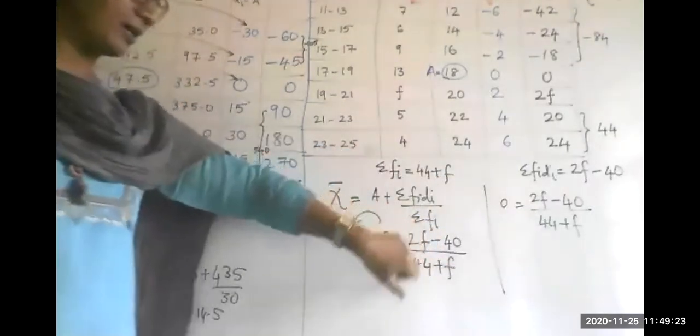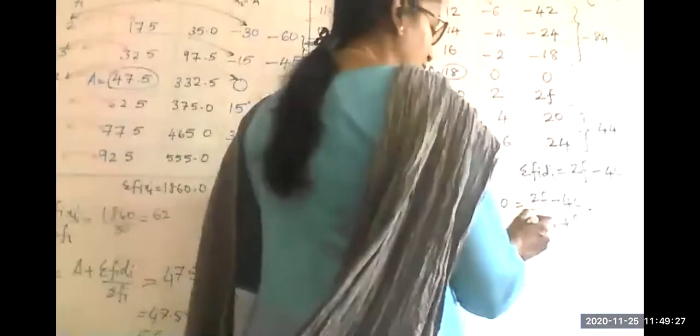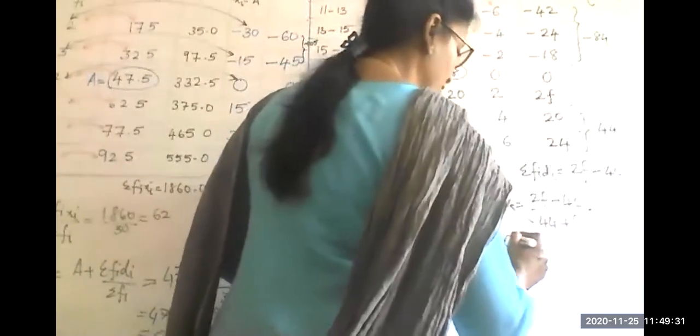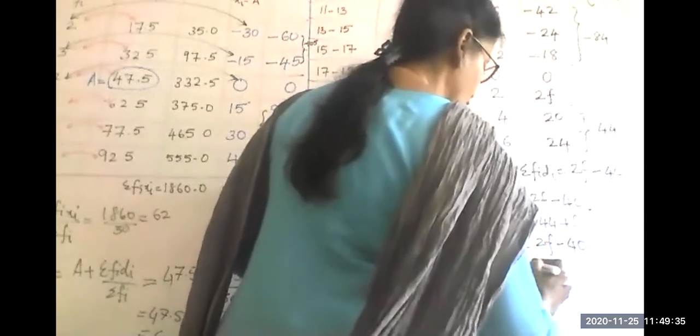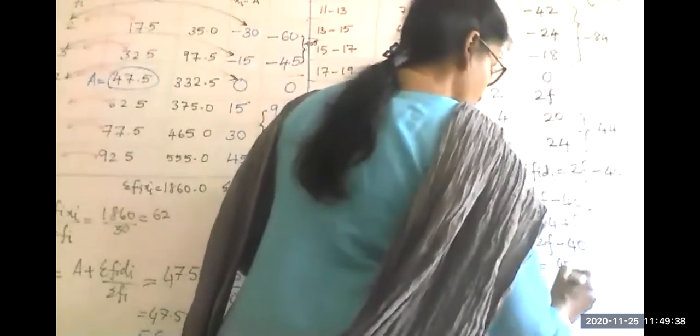On the right hand side, you have a fraction. A fraction equal to 0 means when you cross multiply, 0 into 44 plus f will become 0 again. So 0 equals 2f minus 40, or 2f equals 40, which means f is equal to 20. That's all. I could find the missing frequency now.